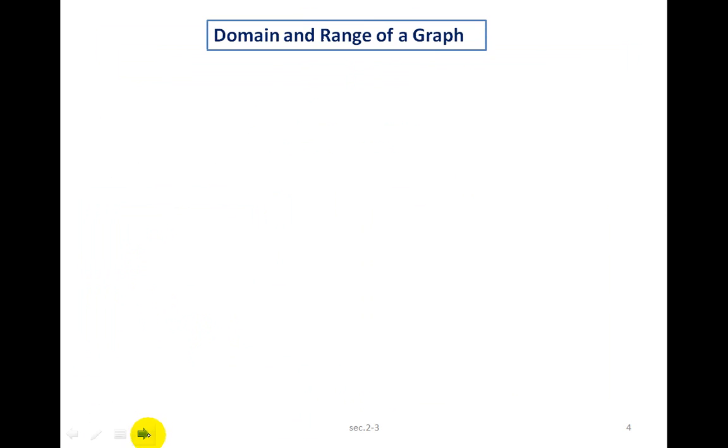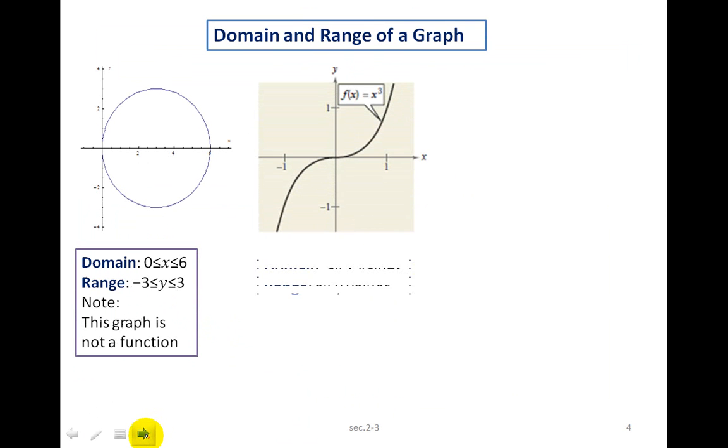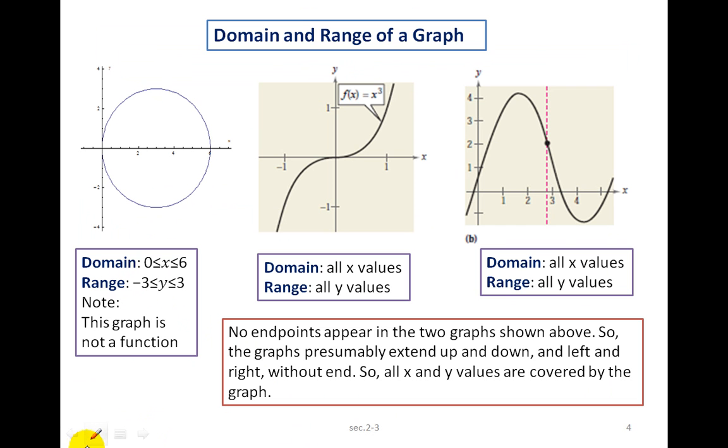Okay, let's have the next idea. Domain and range of graphs. For example, you can see for each and every one what are the domains and what are the ranges. It's already given here, and as I told you, I'm going to give you the slides. So for these types of graphs, for example, they are going to continue.